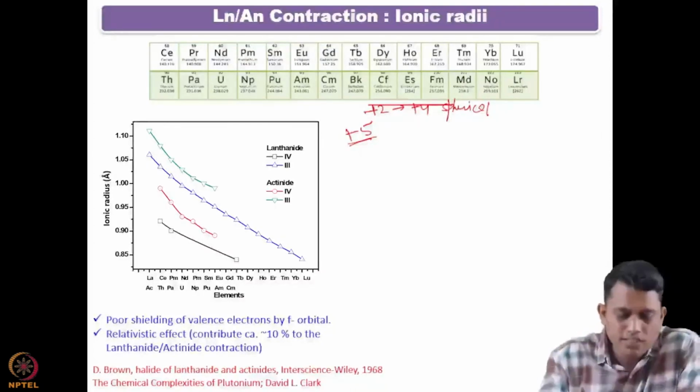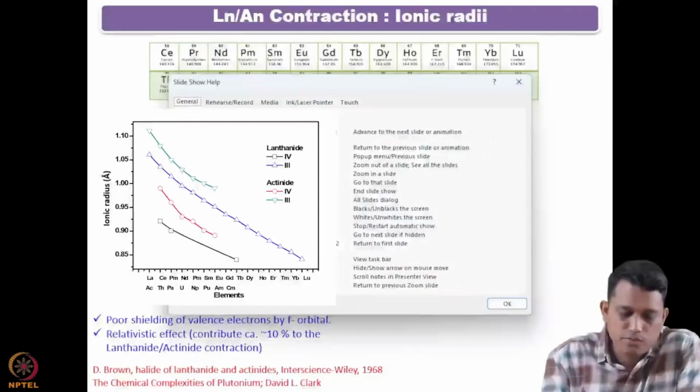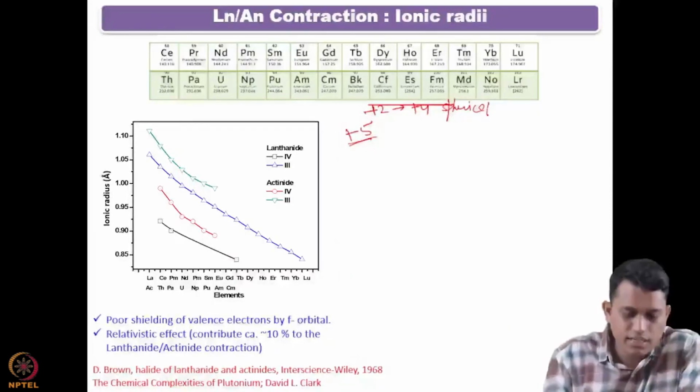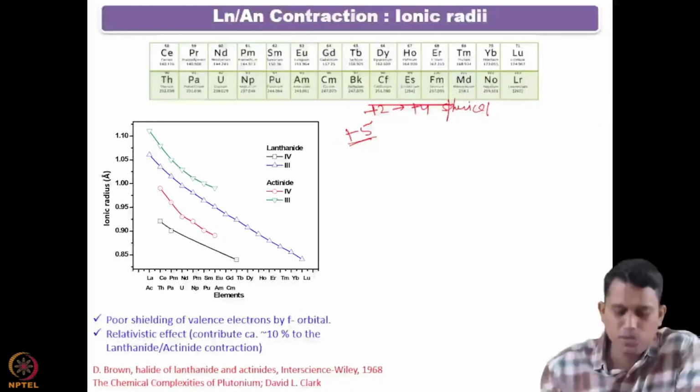And why is the size different from lanthanide to actinide? Obviously we are going from 4f here to 5f, so the size is on the higher side. Again, in the tetravalent also you can see there is a steady decrease in the size because of the contraction. So this is basically the lanthanide or actinide contraction that happens because of the poor shielding of valence electrons by f orbitals.